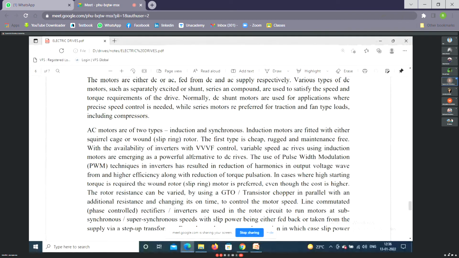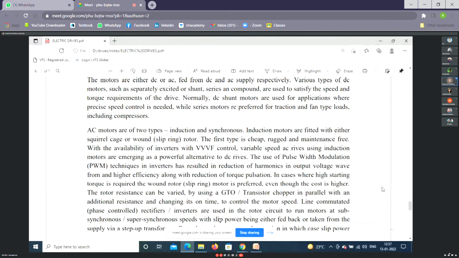But due to some advantages, DC motors are being replaced by induction motors. The use of pulse width modulation technique in inverters has resulted in reduction of harmonics in output voltages and reduction of torque pulsation, and resulted in high efficiency.